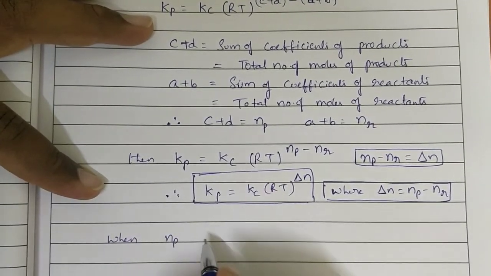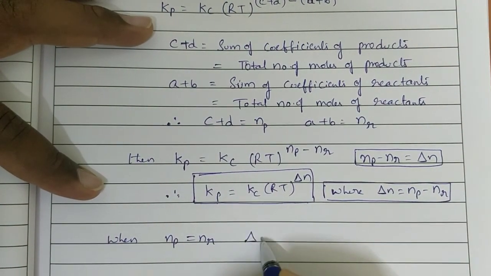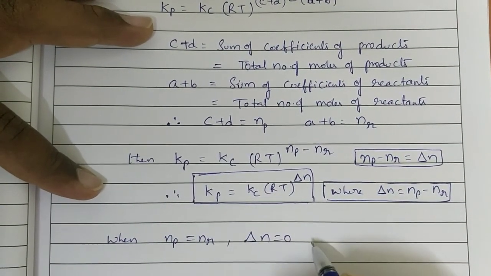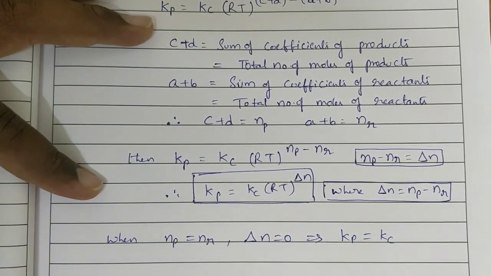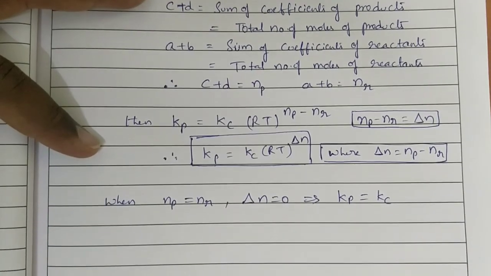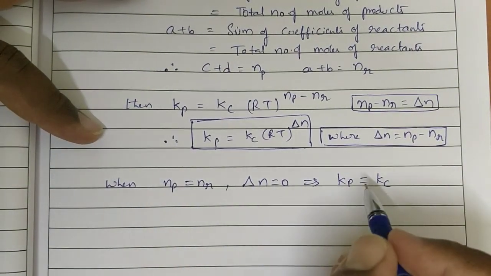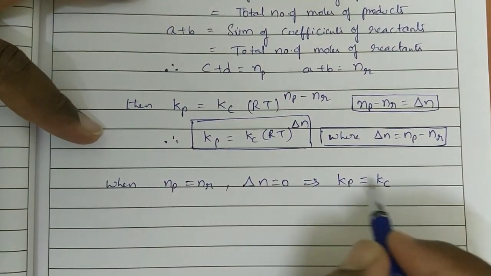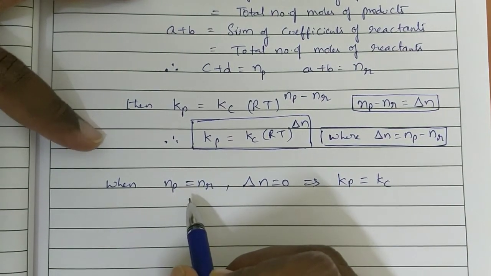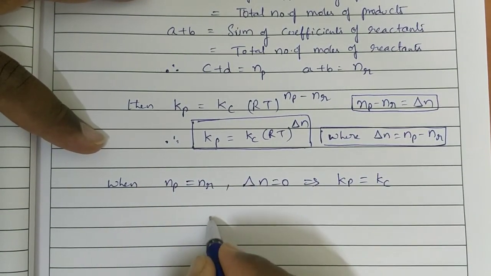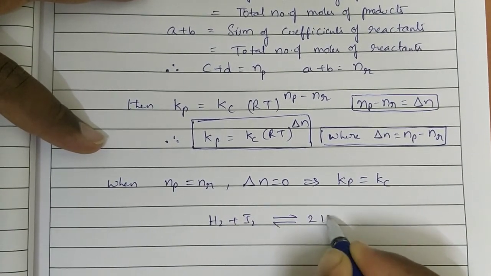When the number of moles on the product side is equal to the number of moles on the reactant side, delta n is equal to 0. This implies Kp is equal to Kc. Np equal to Nr means the number of moles on product side equals the number on reactant side. For example, H2 plus I2 is in equilibrium with 2HI.